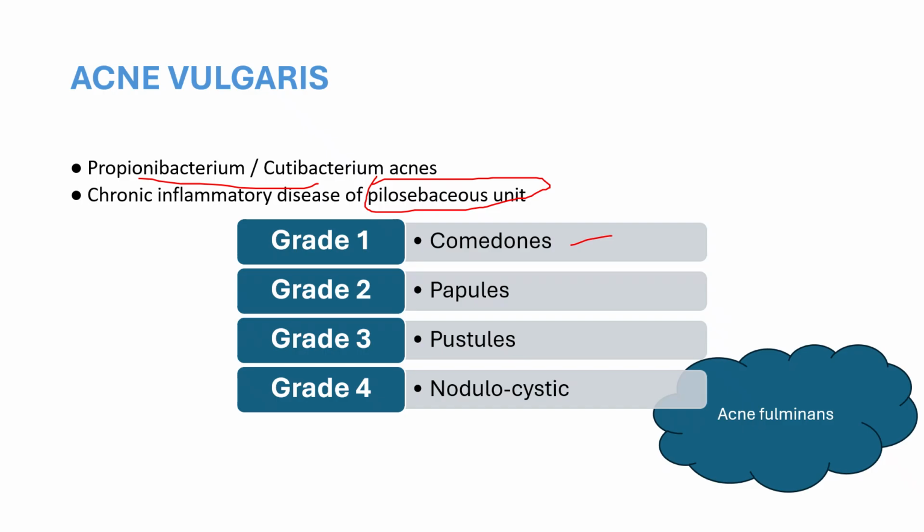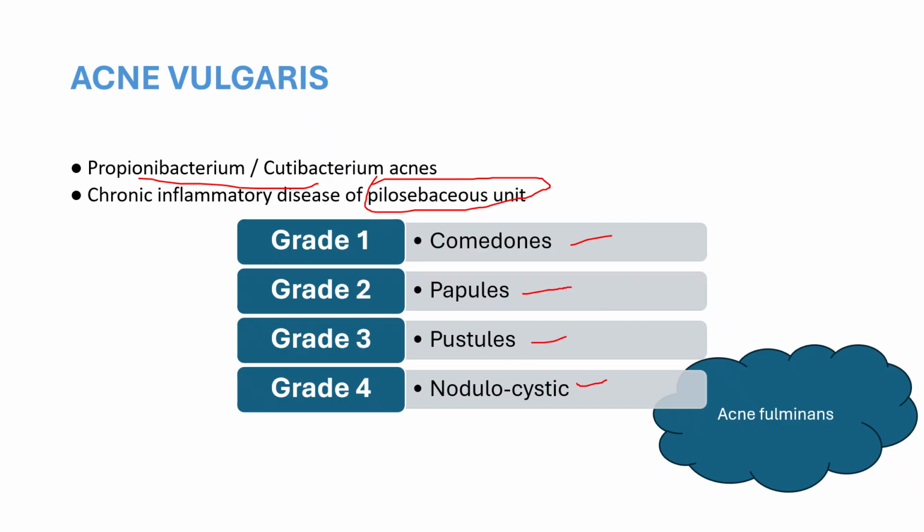That is a grade 1 kind of lesion in acne. It can progress to become papules in grade 2, and pustules, where there is active inflammation and pus-filled lesions, in grade 3. In severe cases, it can be a nodular cystic variety of acne vulgaris.